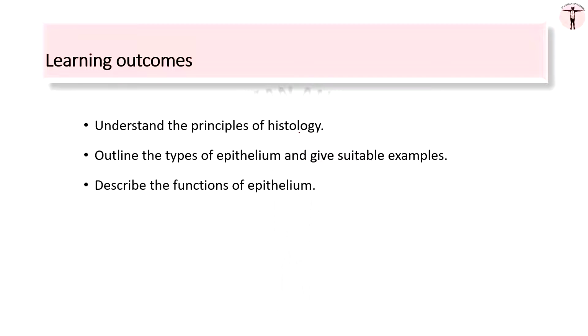By the end of this session, you will be able to understand the principles of histology, outline the types of epithelium and give suitable examples, and describe the functions of epithelium. In this particular session we will go through the first learning outcome, that is understanding the principles of histology.